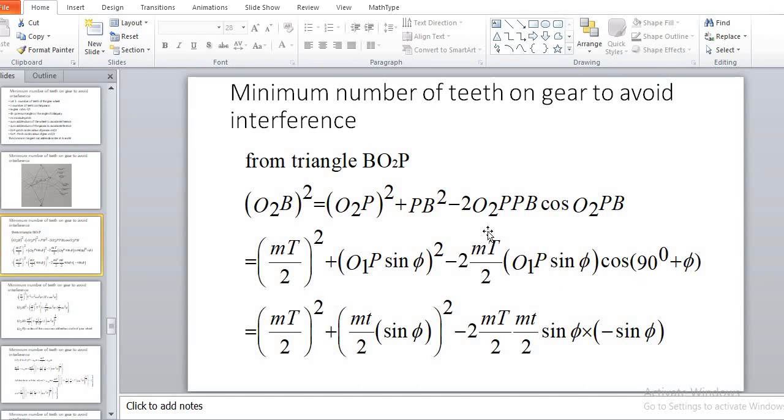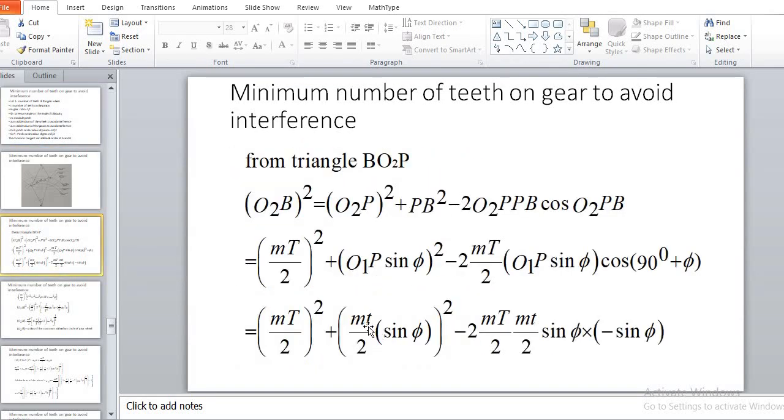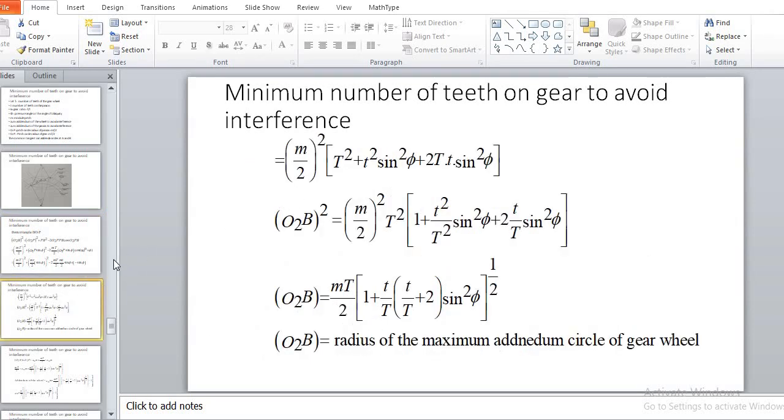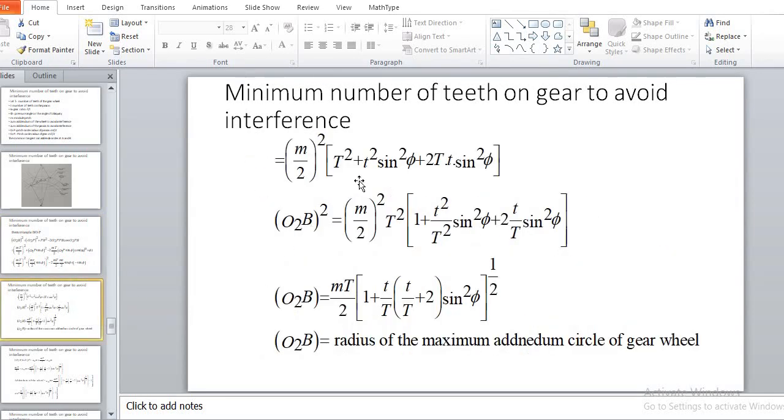Now simplify this. O1P is nothing but mt by 2, so we put O1P as mt by 2 and get this expression. Simplifying, we get it like this.